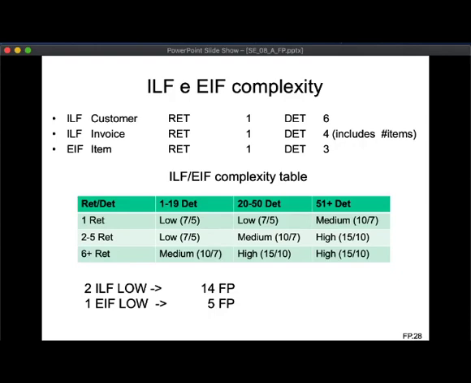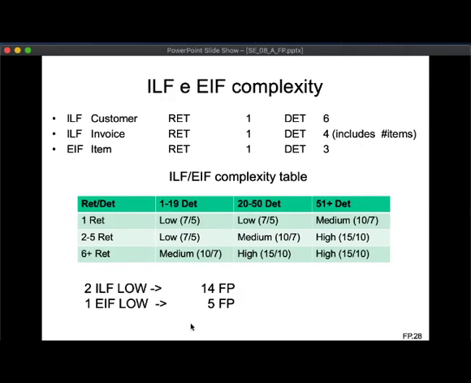So let's remember the table of the complexity. This means that for the 2 ILF, as we have 1 RET and 4 or 6 DET, we are for sure in this cell. So we have low complexity, assuming that we are taking the higher value, so let's take 7.